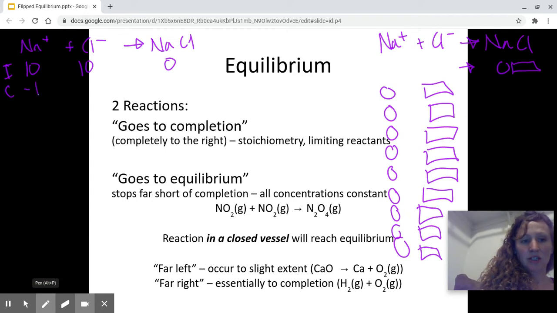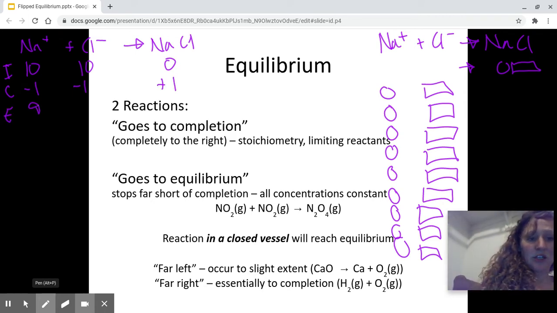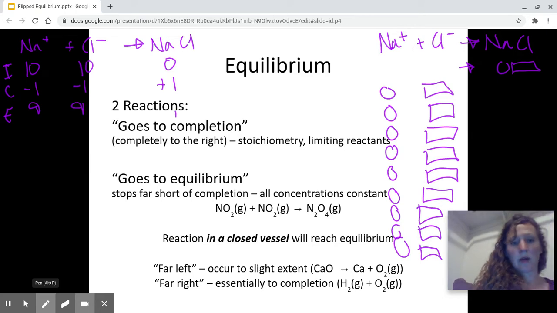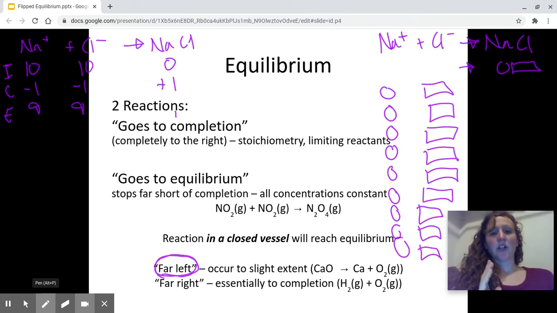So my change is -1. My products are +1 now, and that's where equilibrium occurs. So I have 9 of each reactant left. I have 1 of my product left. This would be a far left. We would say this equilibrium is far left. That would be the sentence that you see.